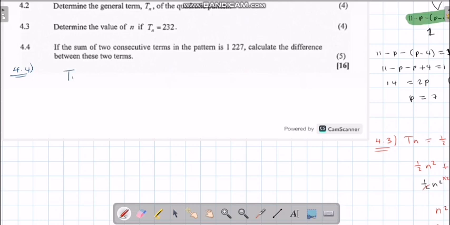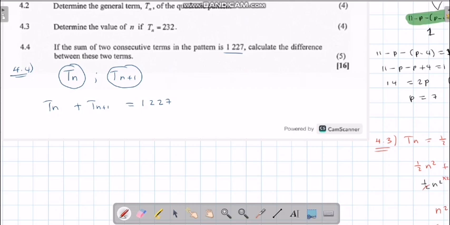I'll say it's tn, and the other one is the next term, tn plus 1. When we add this and that, the sum is 1227. But at the end they are looking for the difference between those two terms.